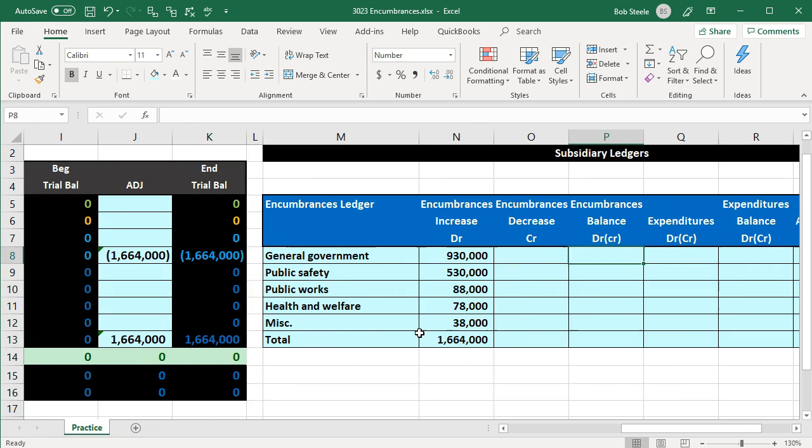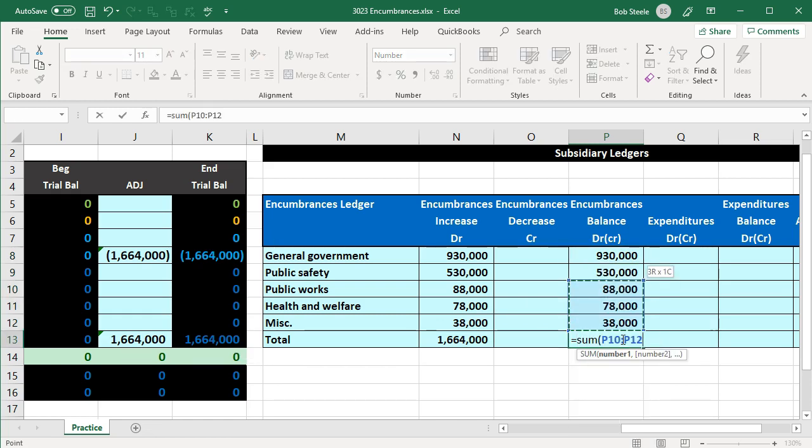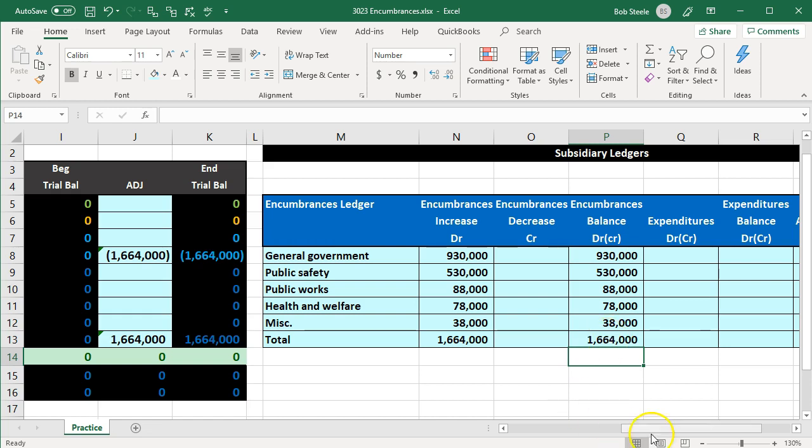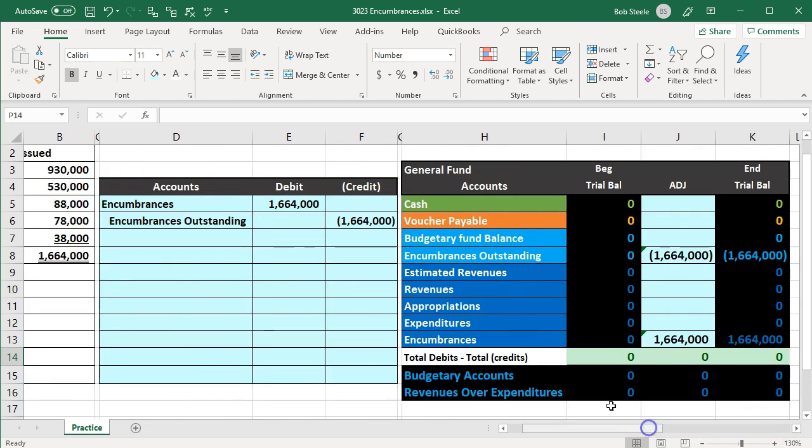And then if we were to take the difference, the balance is going to be the increase minus the decrease, or the debit minus the credit. And then we can copy that down. So obviously the total is going to be the same numbers at this time, and I'm going to sum this up. So that's going to be an intro to this journal entry to record the encumbrances.